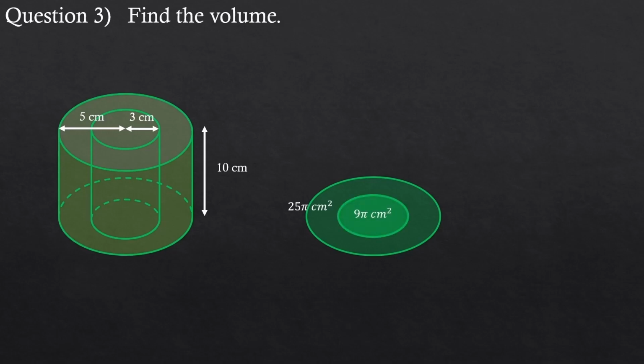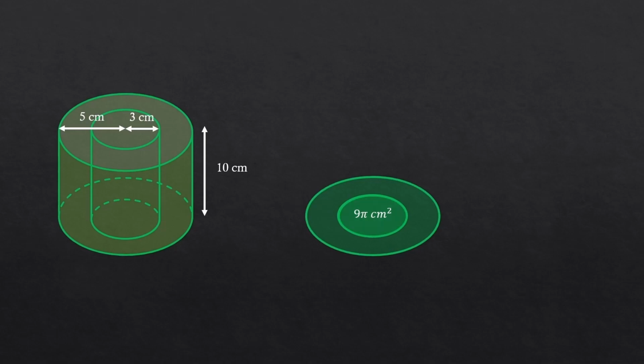So the area of the circle inside is 9 pi centimeters squared. So let's take this area out. Then what should be the remaining area? 16 pi centimeters squared, right?